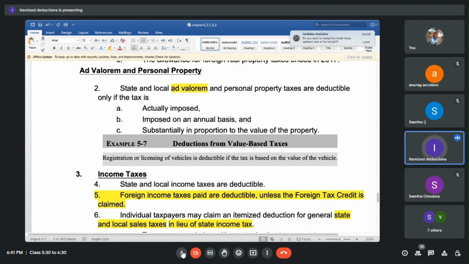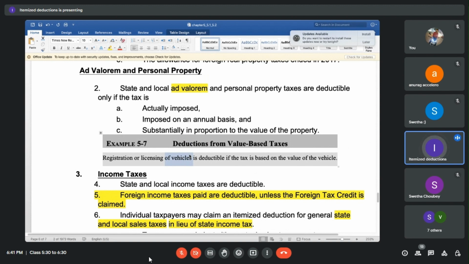So what they're saying is that ad valorem taxes are deductible. A lot of times there are also vehicle taxes that people pay in the US. Every year they have to pay something called, there is a term for that, I'm not remembering it, but there's license fees or something. Every year they get a statement from the DMV, the Department of Motor Vehicles. DMV sends a statement to everybody who owns a car there, and they will tell you, okay, for this year, maybe you own a 2022, so and so make and model of car.